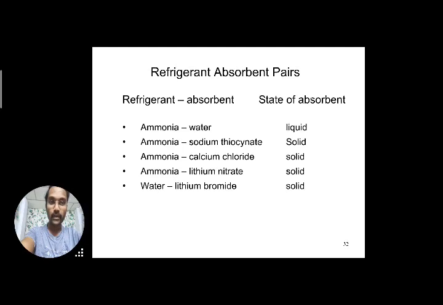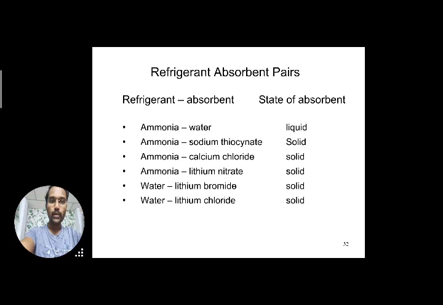As in the previous video lesson I have told, with water and lithium bromide, water acts like a refrigerant and lithium bromide acts like an absorbent. The state of the absorbent here is solid. Now water will circulate in the system, giving the refrigerating effect in the system, so it is the opposite case here.